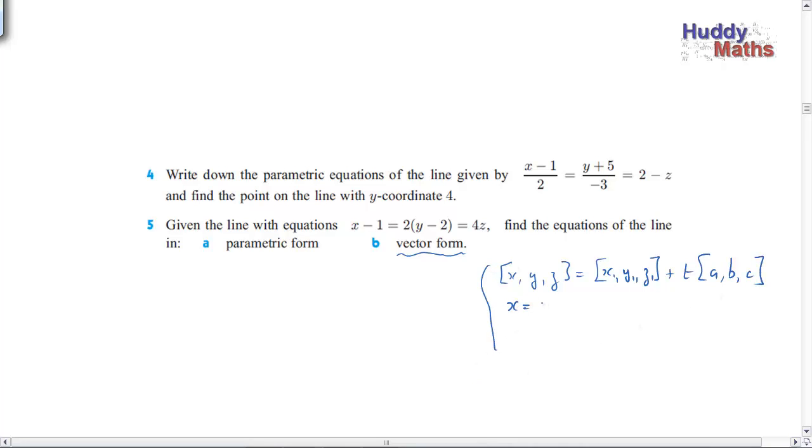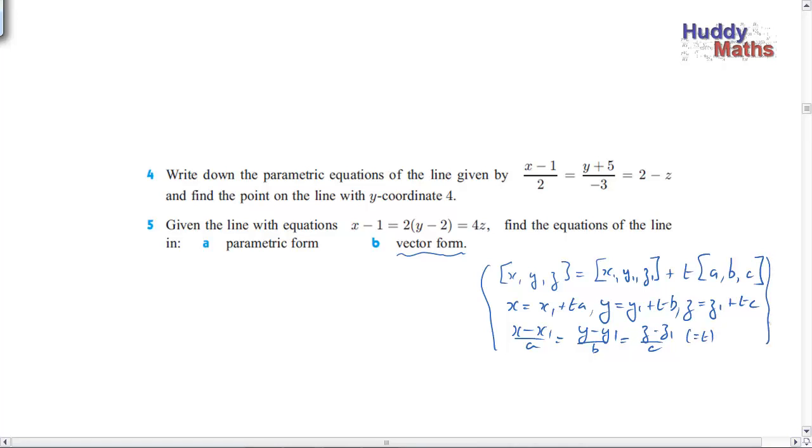Then we have the parametrics, breaking those down: y equals y1 plus t times b, and z equals z1 plus t times c. And then we have the Cartesian form: x take x1 on a equals y take y1 on b equals z take z1 on c. And they're all equal to t. We don't write that in.